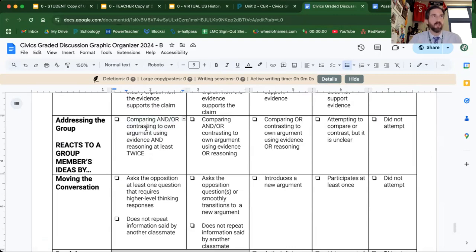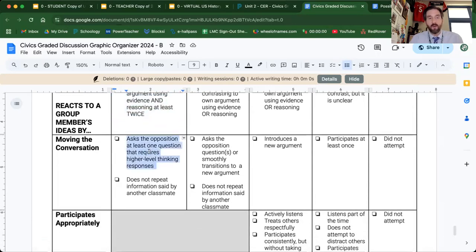And they mention the case about the cheerleader. You could say, I found similar evidence that contradicts that, that goes against that, that shows that actually, in fact, they are not meeting the standard because of this. Make sure you compare and contrast twice.